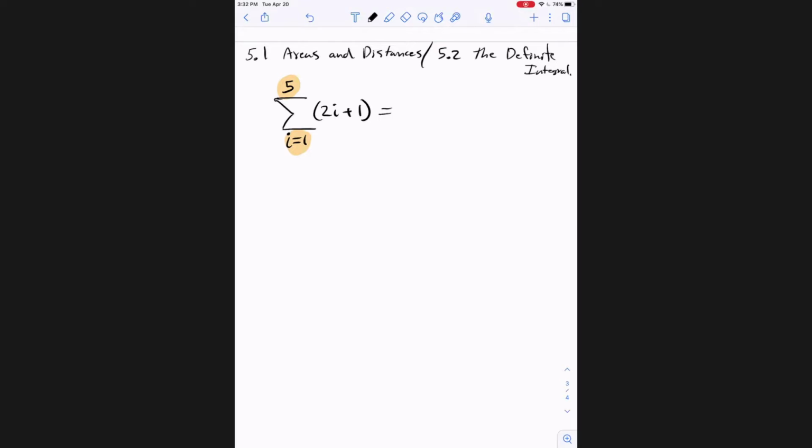If I plug in 1 for i, what do I get? 2 times 1 plus 1, that's my first term. Plus, what's the second one? We plug in 2 for i, so 2 times 2 plus 1. Plug in 3 for i. Plug in 4 for i.